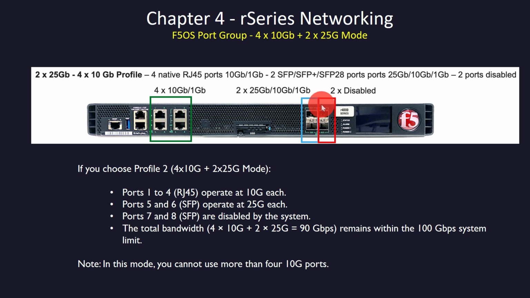Ports 7 and 8 are disabled by the system. The total bandwidth of 90 Gbps remains within the 100 Gbps system limit. Important note: if you choose this mode, you cannot use more than 4 10 gig ports.